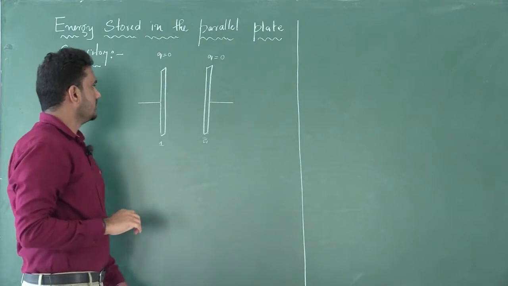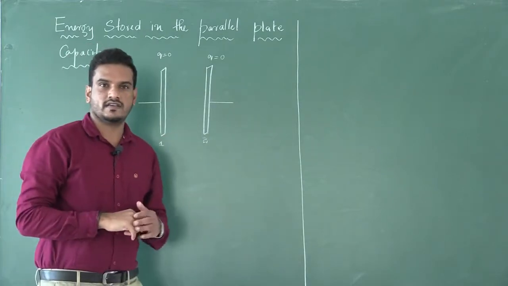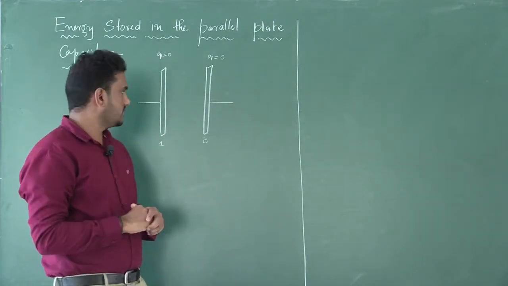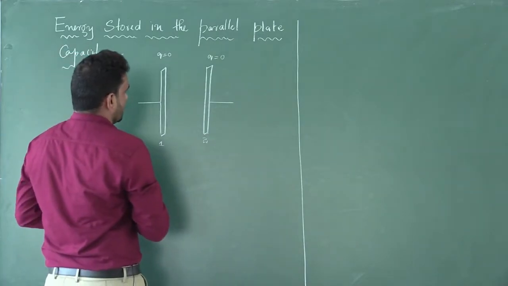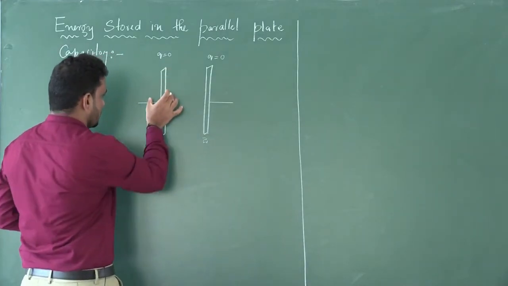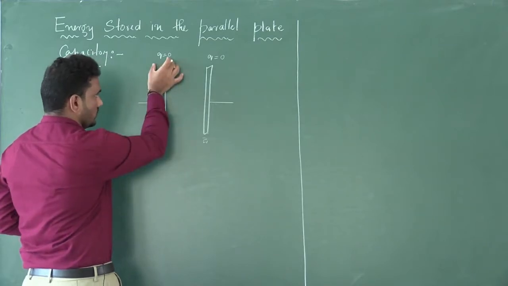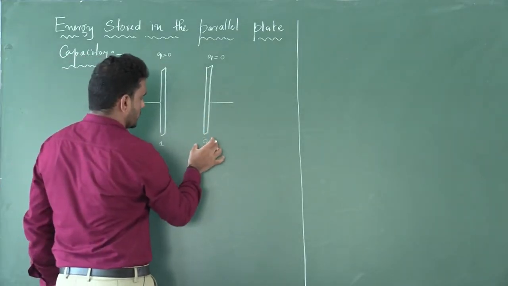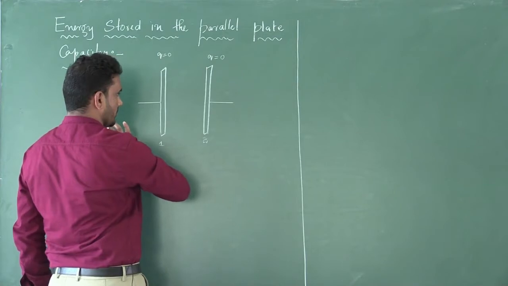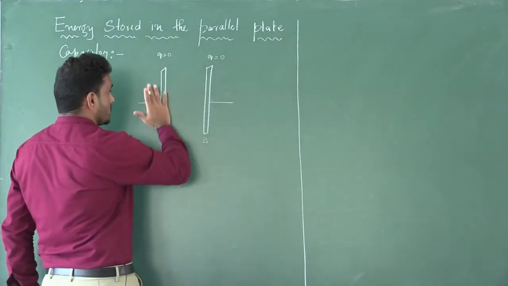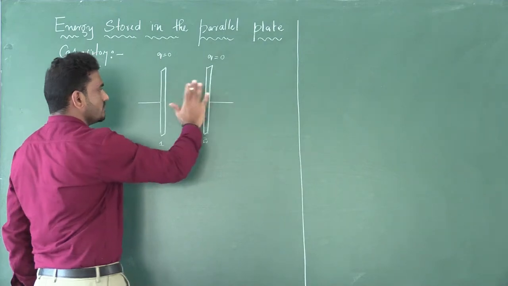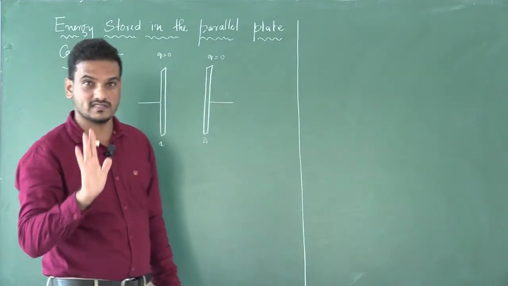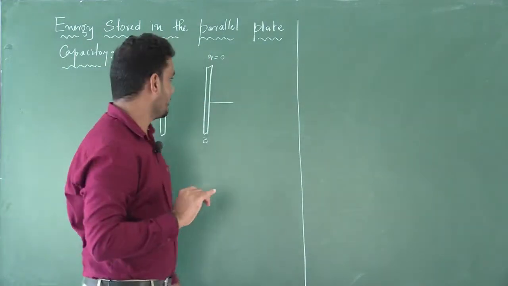Okay. How do I charge these 2 metal plates? Now, look here, the charge on plate 1 is 0. The charge on plate 2 is also 0, which means there is no electric field between these 2 metal plates. Electric field is 0 initially.